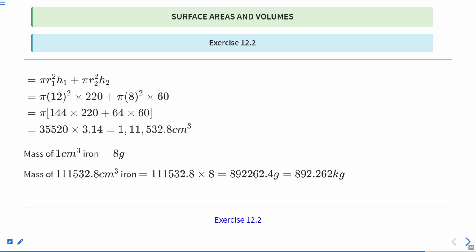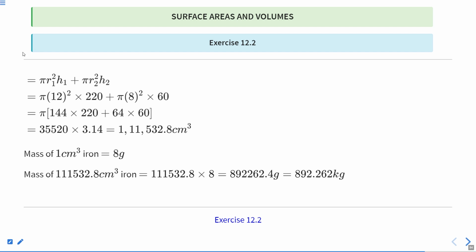So this is equal to pi times 12 square times 220 plus pi times 8 square times 60, since r1 is 12, h1 is 220, r2 is 8 and h2 is 60 centimeter.